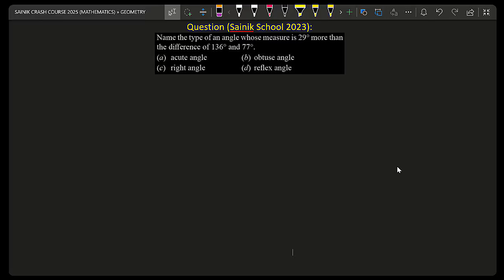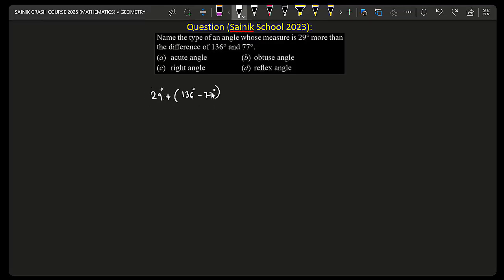How do we write this mathematically? 29 degrees plus... more than means plus. Yes, bracket, very good. Bracket 136 degrees minus 77 degrees. So it is 29 degrees more than the difference between 136 and 77.